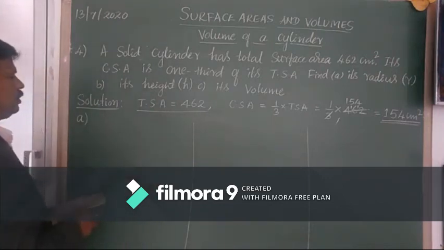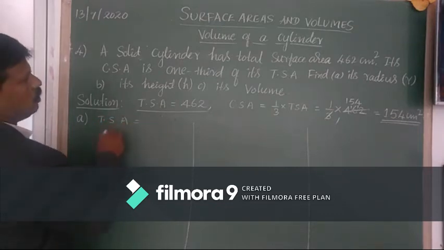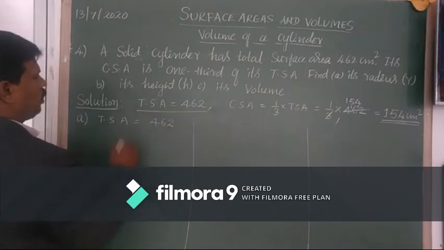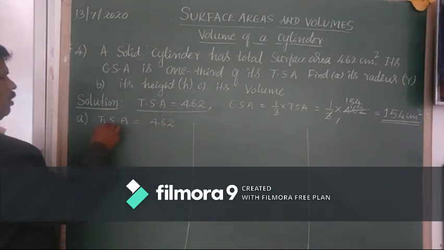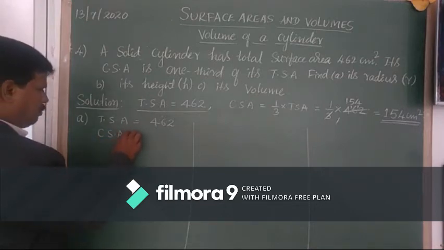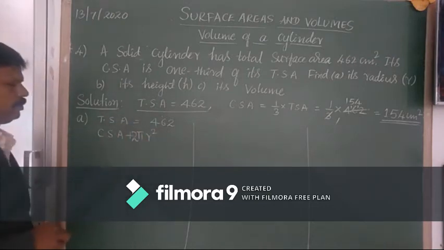Total surface area is equal to 462. Clear? Now this is CSA, curved surface area, plus pi r square, that is 2 pi r square.